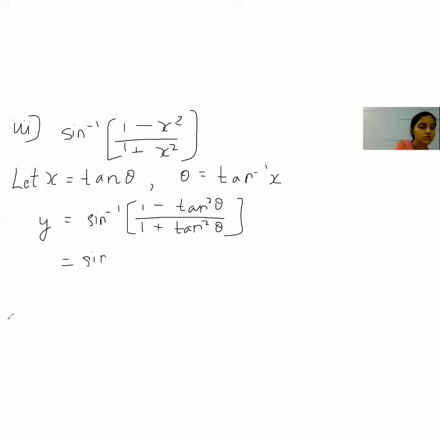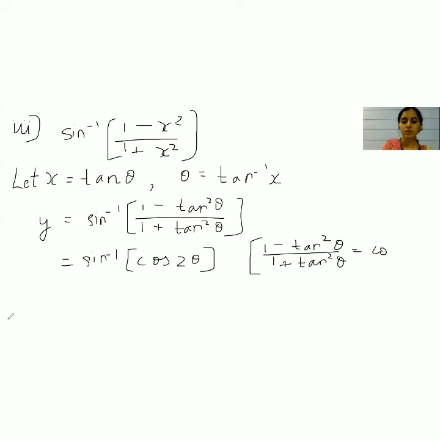Which is the formula for cos 2 theta. So sine inverse of cos 2 theta. Okay, just writing the formula here. So 1 minus tan square theta upon 1 plus tan square theta is equal to cos 2 theta. Okay, and that is why I've substituted it over here. Now you can see that they are opposite functions.